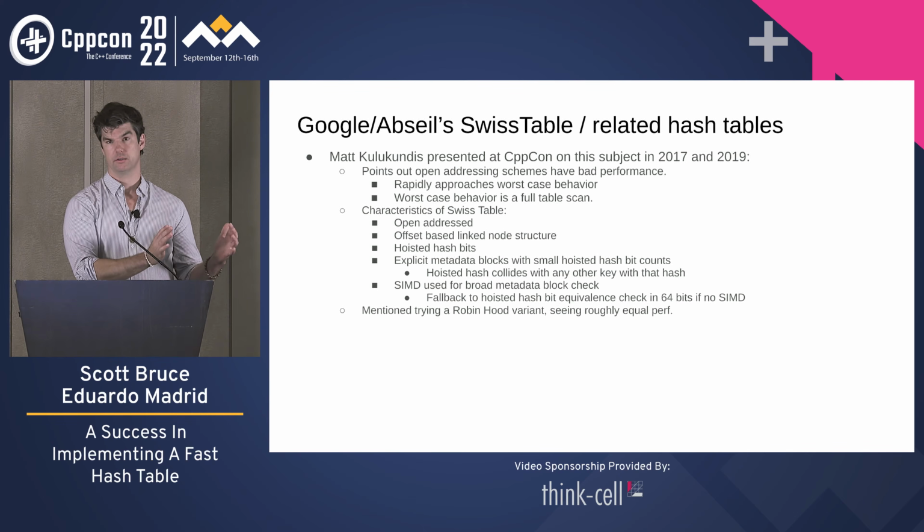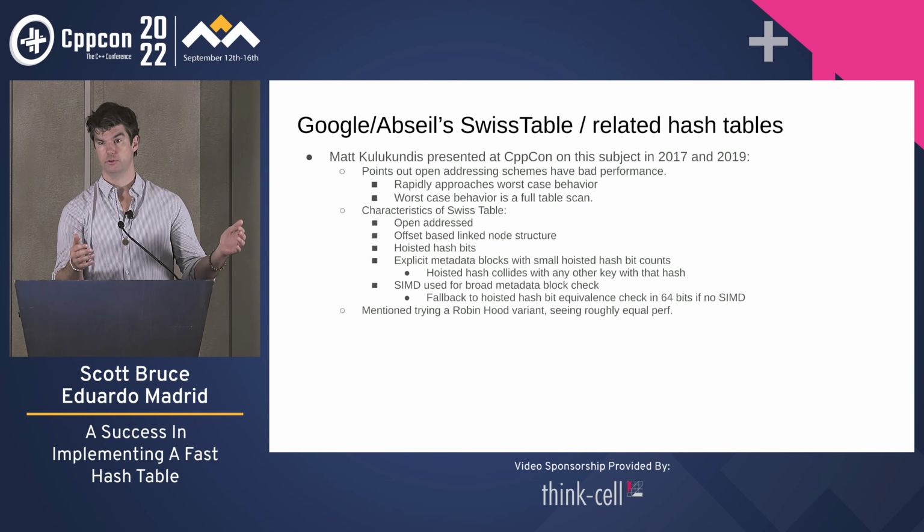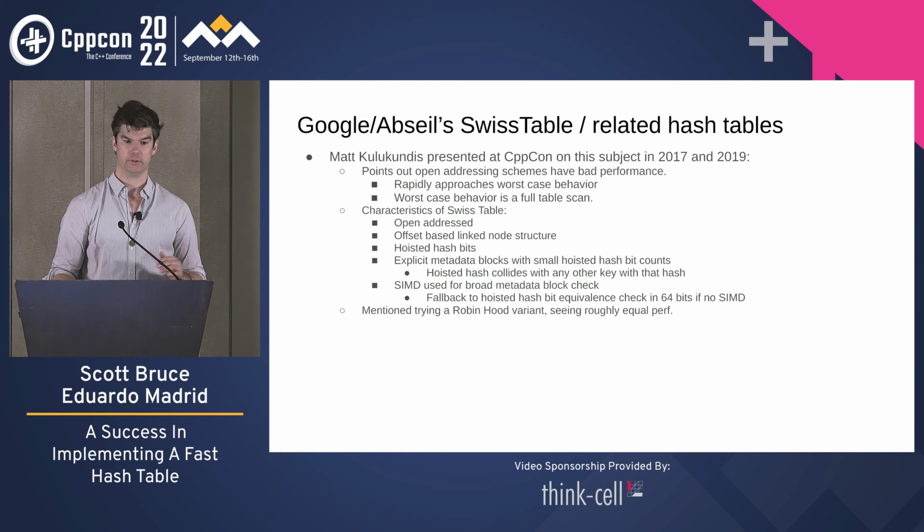This allows them to check something like 16 keys at a time with a 1 in, I forget the exact number, 1 in 128 false positive rate, against a very straightforward linear table implementation. So they might have a collision chain that is 50 or 100 or 500 long, but they're checking them 16 at a time, so it goes relatively quickly. It's a very good table implementation.